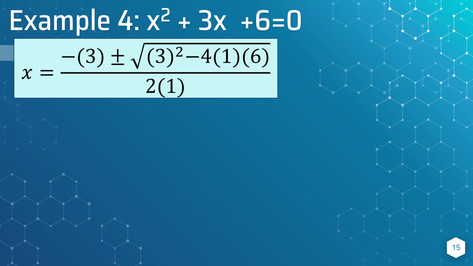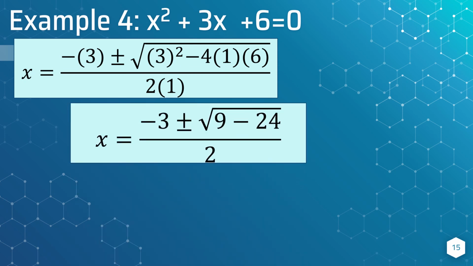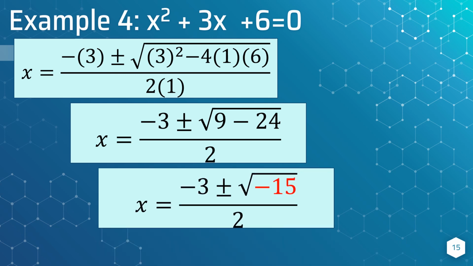Now, let us proceed in simplifying. Negative 3 plus minus square root of 3 squared is 9 minus 4 times 1, 4 times 6, 24 all over 2 times 1, that is 2. Simplifying this, we have x equals negative 3 plus minus square root of negative 15 all over 2. As you can see here, the term inside our square root sign is negative 15.